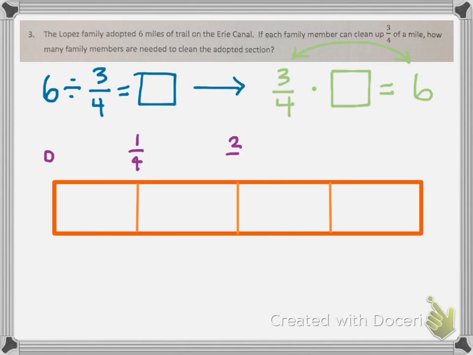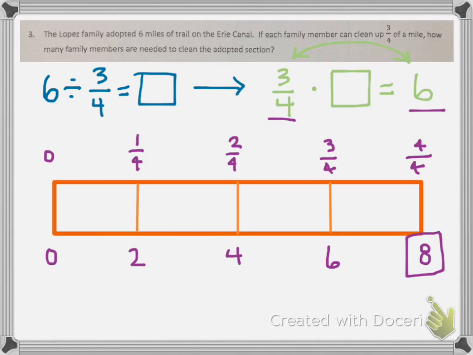This would be 2/4. Here's 3/4. And then this would be 4/4, or the whole thing. And I know that 3/4 is the same as 6. So this 3/4 here is equivalent to 6. And that means, well, it looks like 0, 2, 4, 6. And the answer is 8. So, how many family members are needed to clean the adopted section? The answer is 8.